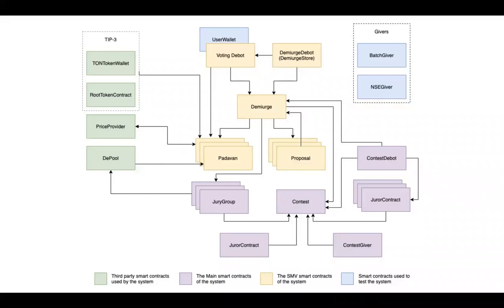And what is a group proposal? Group proposal is when you want to add a new member to the group or delete a member from the group. It's a kind of proposal where only these group members can vote for this proposal, and this proposal changes members in this group.